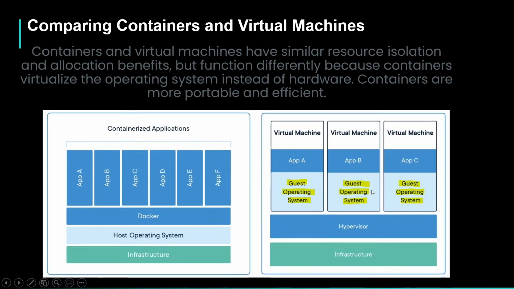So you are wasting a lot of resources because the operating system takes a lot of space, a lot of RAM, a lot of CPU, and that's basically the difference between the containers and the virtual machines. The containerized applications don't have the complete copy of the operating system. They just have the kernel, and that's it.